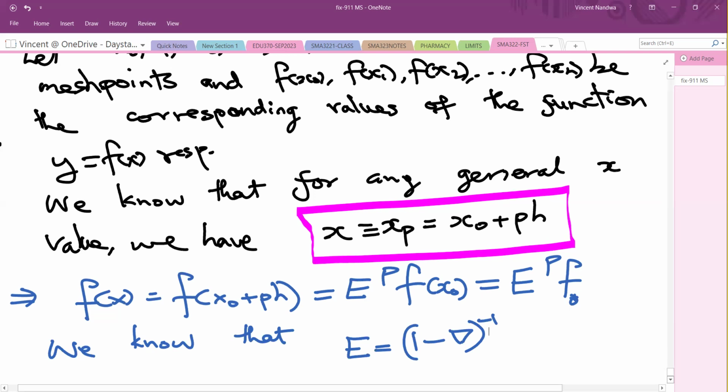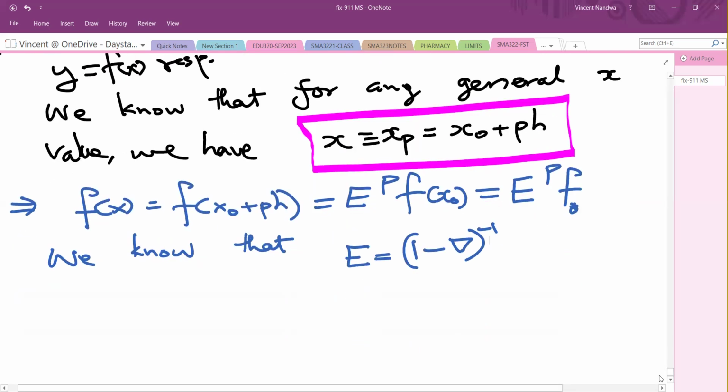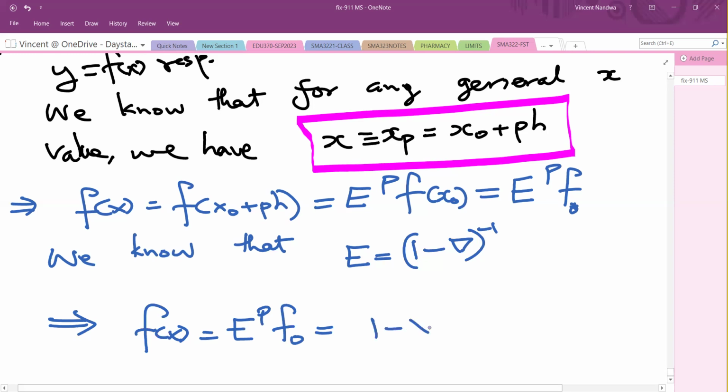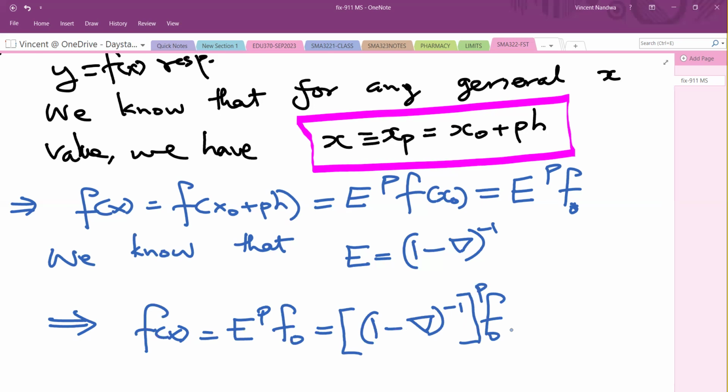Which means we'll have f of x is nothing but e raised power p f naught, but where this e we replace by 1 minus backward raised power negative 1. Everything here is raised power p times f naught. And then from laws of indices, a power n is a power mn.